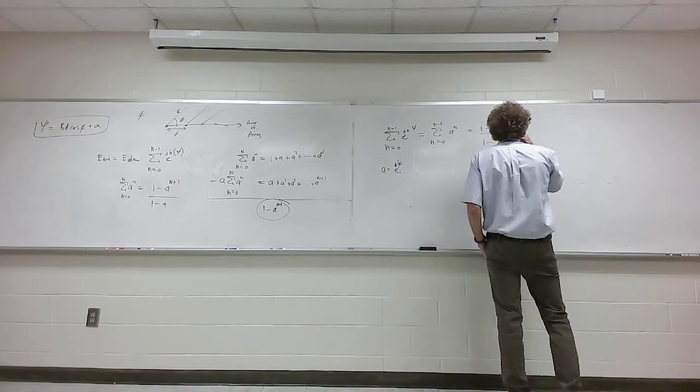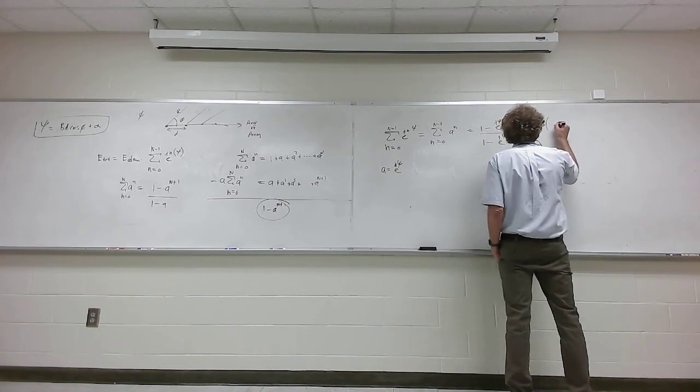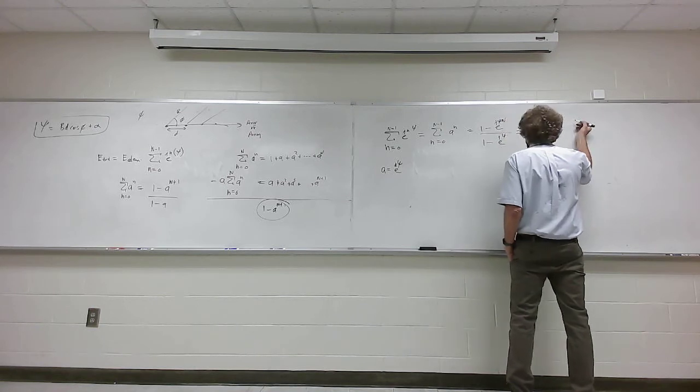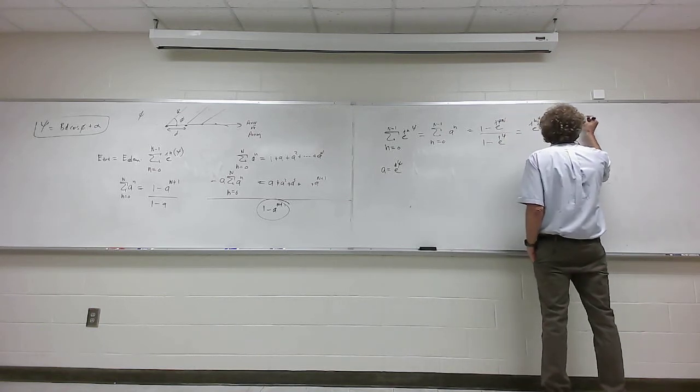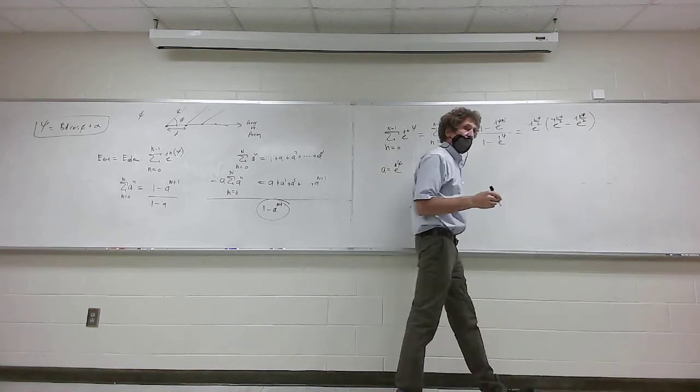So what I'll do is this. I'm going to factor out, you'll see this in a second, e to the j n psi over 2 out of this one here. And when I do, I have e to the minus j n psi over 2 here, and then I have e to the j n psi over 2 here. Take a look. Y'all with me?